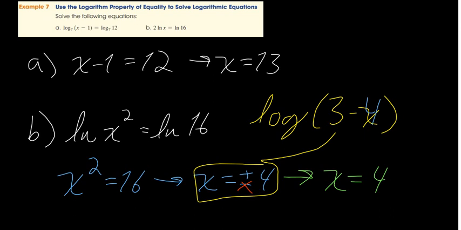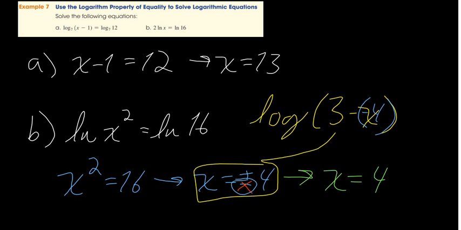However, if we did 3 minus a -4, that's the same thing as saying 3 plus 4, which is 7, and the log of 7 does exist. So you have to be careful about making quick rules in your head, saying, well, if my solution is negative, then it would not be part of the solution.